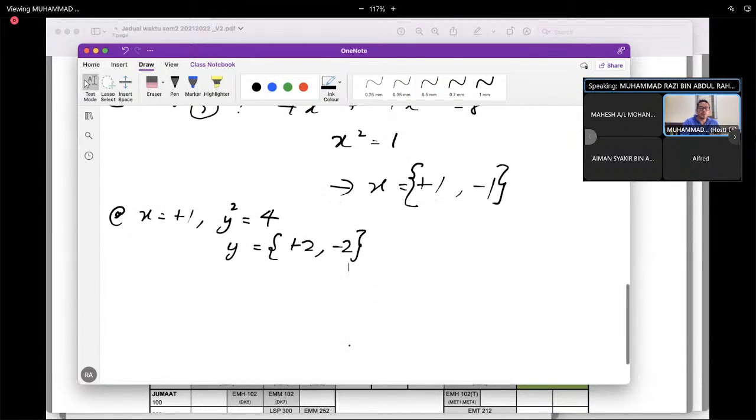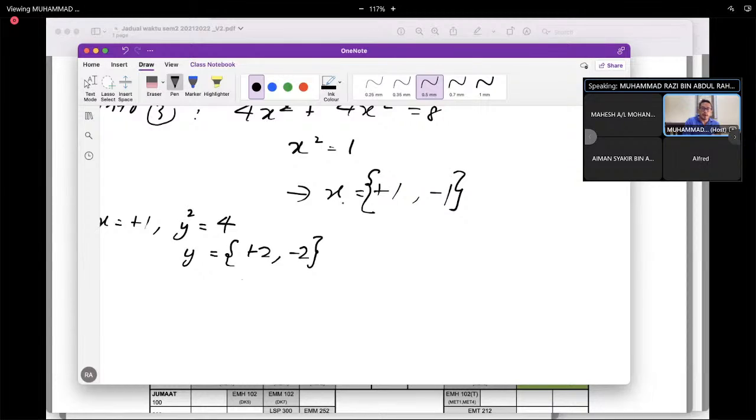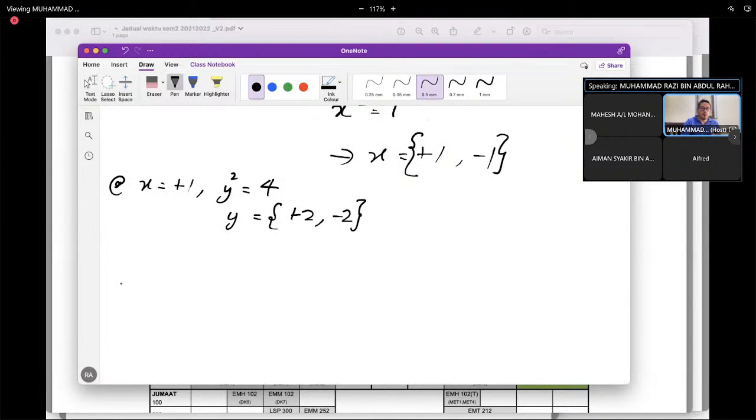So now you have two values of x and two values of y. So you have 4 points that you have to evaluate the values of f, because you have to pick out of these 4. Let me just write first. Let's take the positive 1 and 2, and then 1 and negative 2.